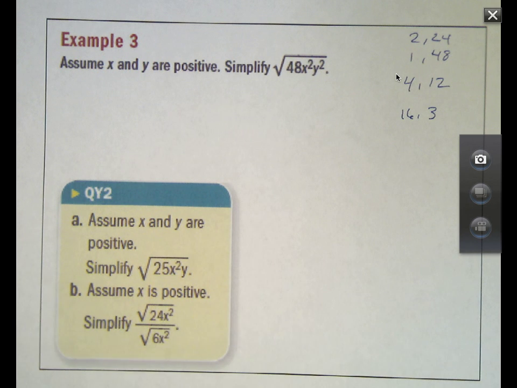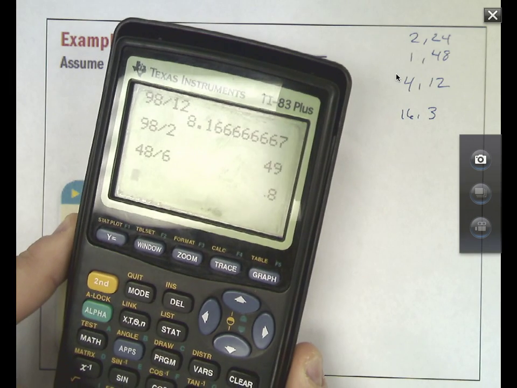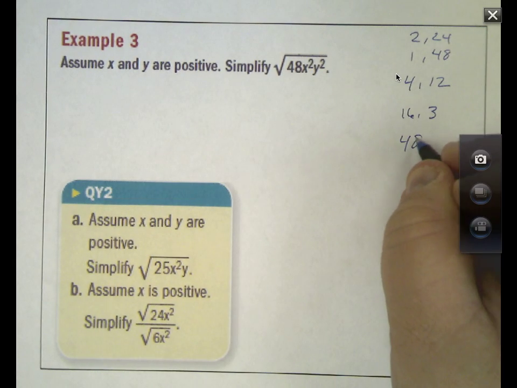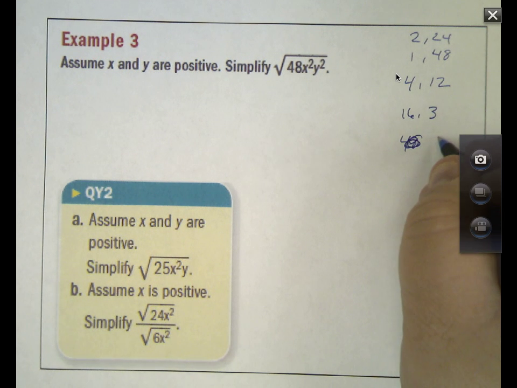Anybody got anything else? 16 and 3. 6 should go in there, shouldn't it? As you can see, I did 48 divided by 6. It gave me 8.